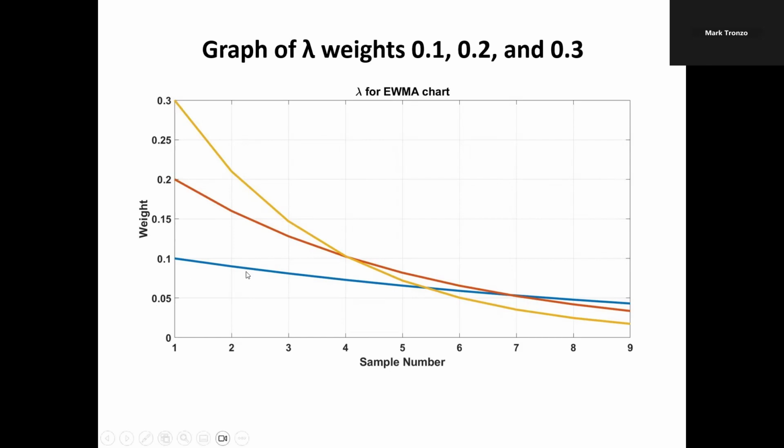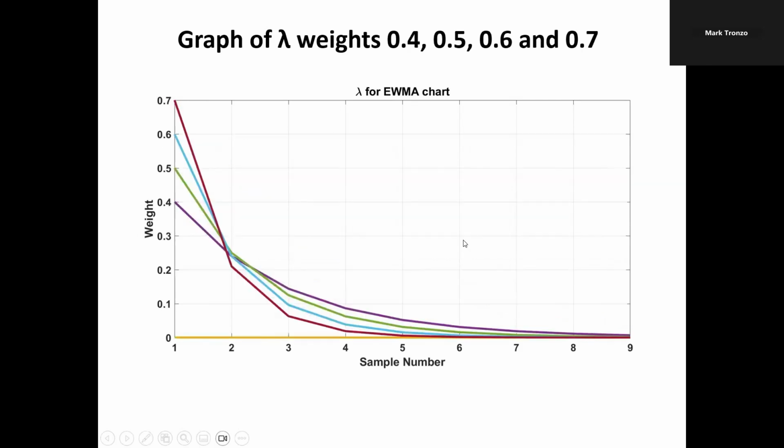have. And now, for a while, the previous ones still have a fair amount of influence. As time goes on, they'll decline quite a bit. And this is really true if lambda is large. For example, if we set lambda to be 0.7, the current sample is 0.7.